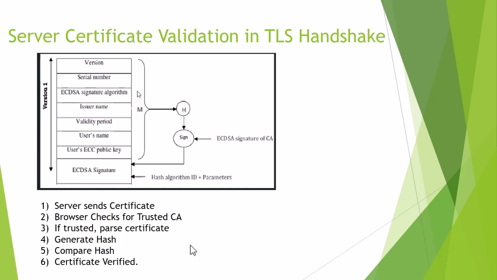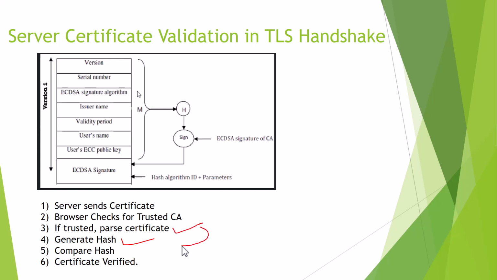Now we would decrypt that encrypted hash of the CSR that we got from the certificate, and we would get a normal hash of the CSR. From the original CSR that we got from the certificate, the client would create a hash as well. So now we have one hash that the browser generated, and one hash that we got from the certificate itself.